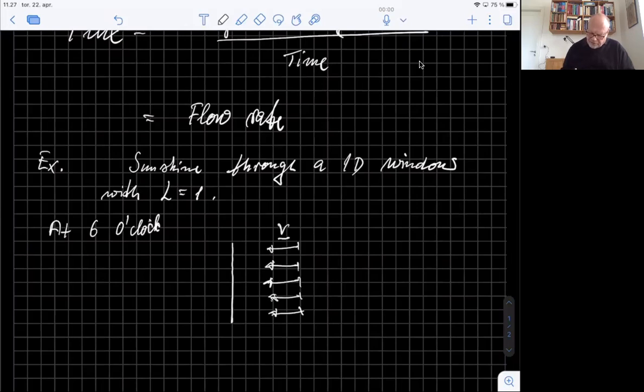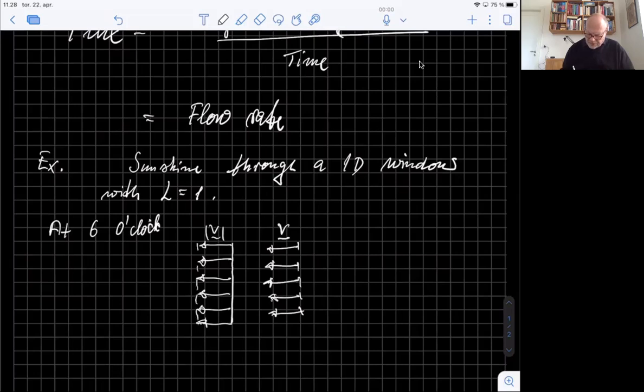Now, if you look at the flow of this vector field, then in one time interval, it will advance like this, where this is the length of this distance here.